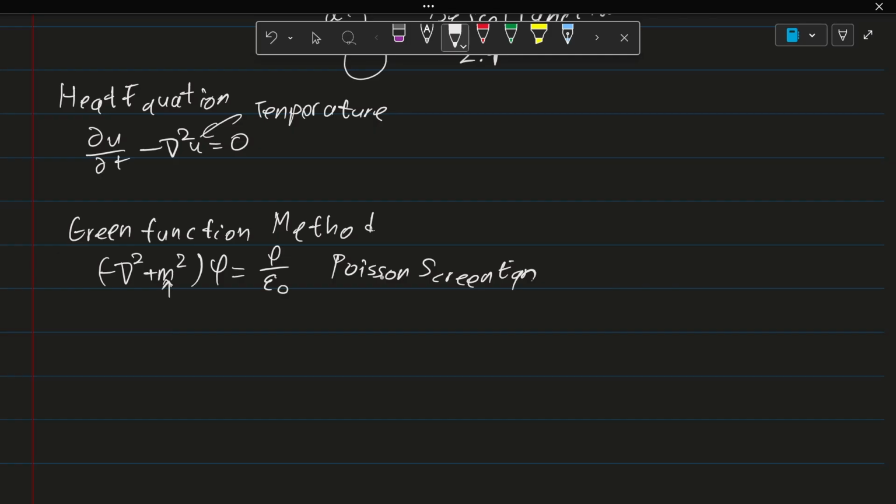So the Green's method is a method in which it is a function that if you plug it in will result in the delta function. Now, why is this essential for solving such things? What exactly the Green's function does is that it is the contribution of one particular part of the differential equation.